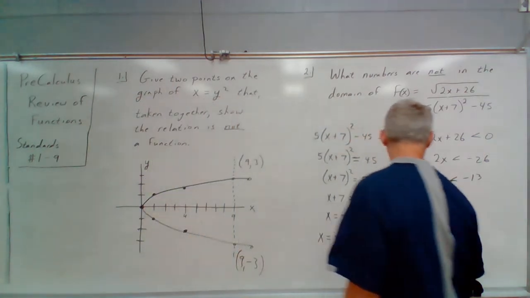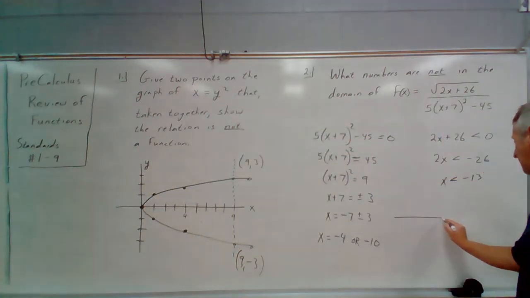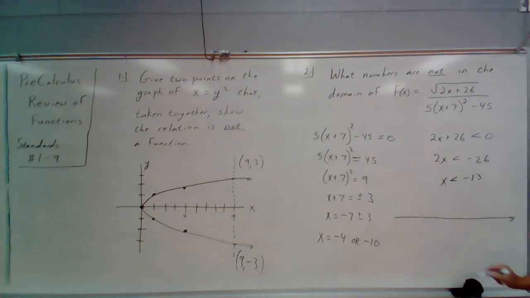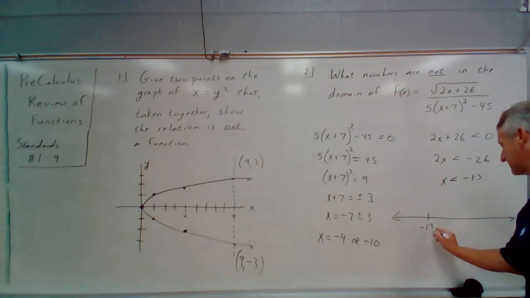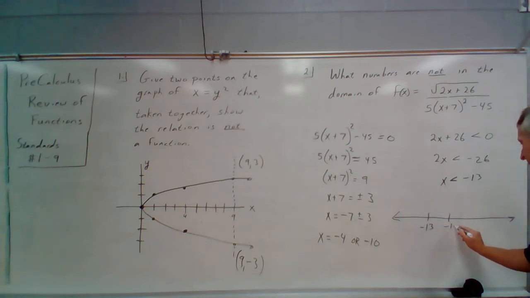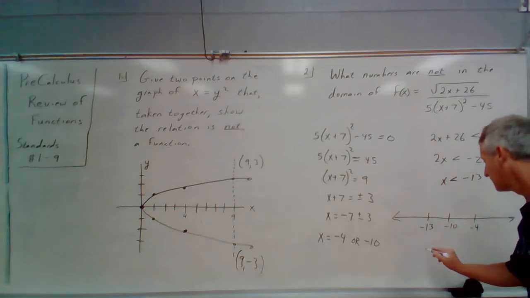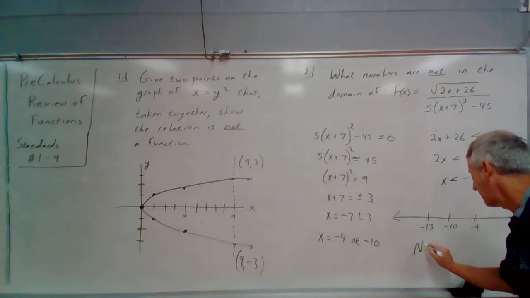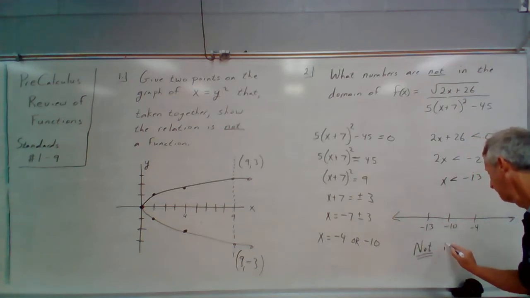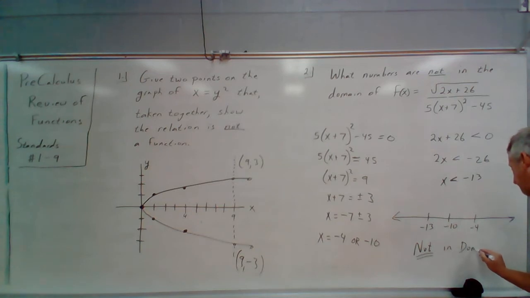All right, let's graph on a number line the numbers that are not in the domain. So I have negative 13, negative 10, and negative 4. I'm going to graph all the numbers not in the domain.